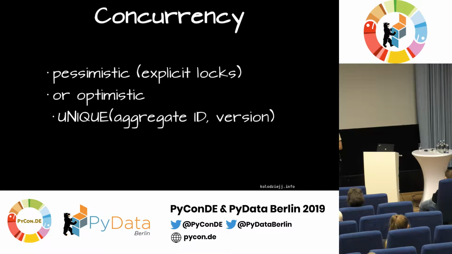Or optimistic concurrency, and this is where this index comes into play: if two simultaneous transactions would try to insert a new event into this aggregate, into the event log, they would have the same version number, so the database will handle the concurrency for us. It will reject the second transaction.